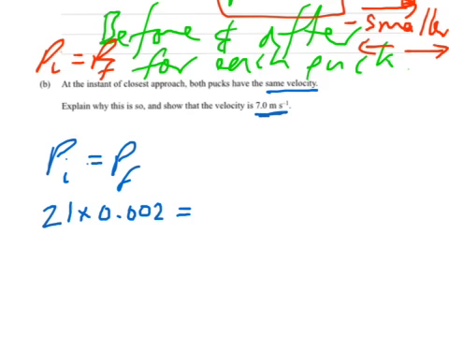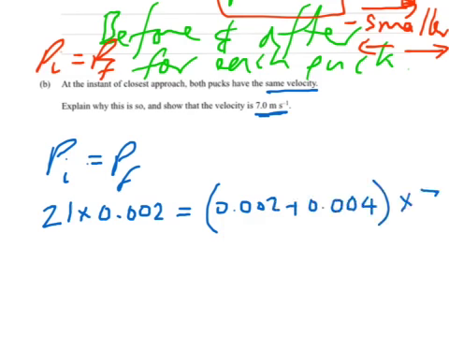That has to equal, since we're going at the same velocity, the sum of the masses, which is 0.002 plus 0.004, times the shared velocity of 7 meters per second. Oh wait, you don't know that, you're trying to find it out, V, because it's a show question. Always use the answer given to you just to check it, not to find it, because it's back to front.